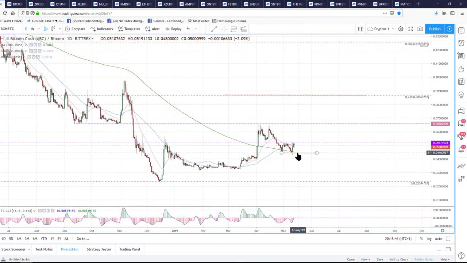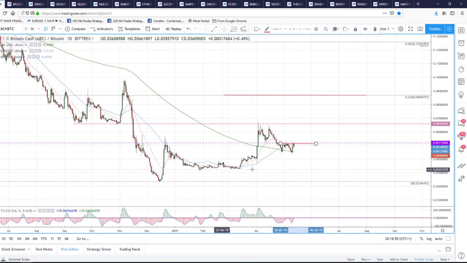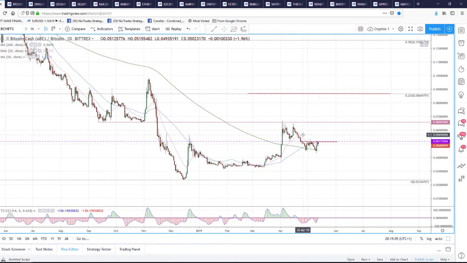If we can break out at the top side of this congestion zone, then we should see another swing higher, a fifth wave higher. This would be short Bitcoin against Bitcoin Cash, rather than naked short Bitcoin against dollar. You just rotate into alts.